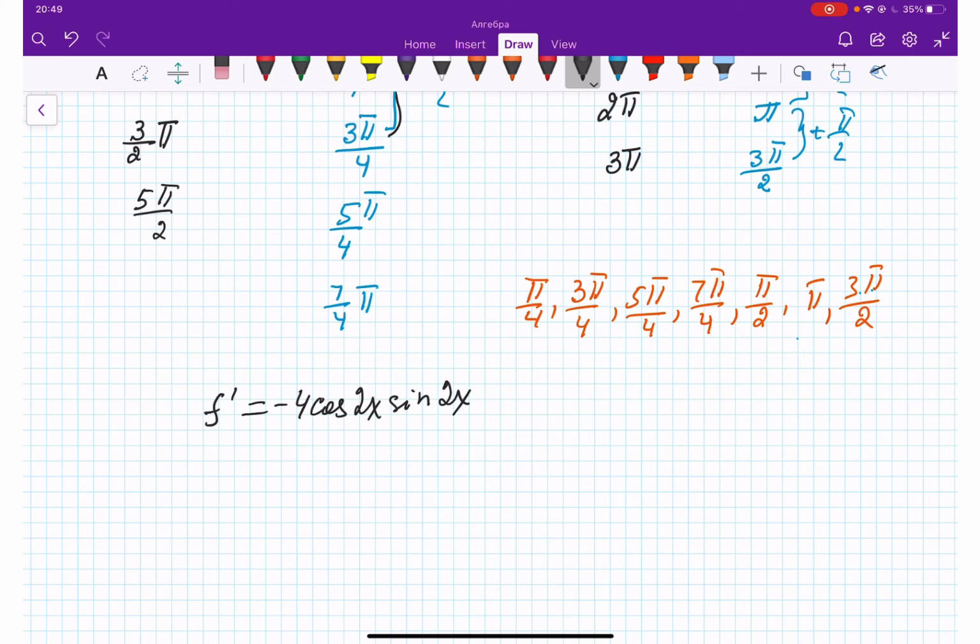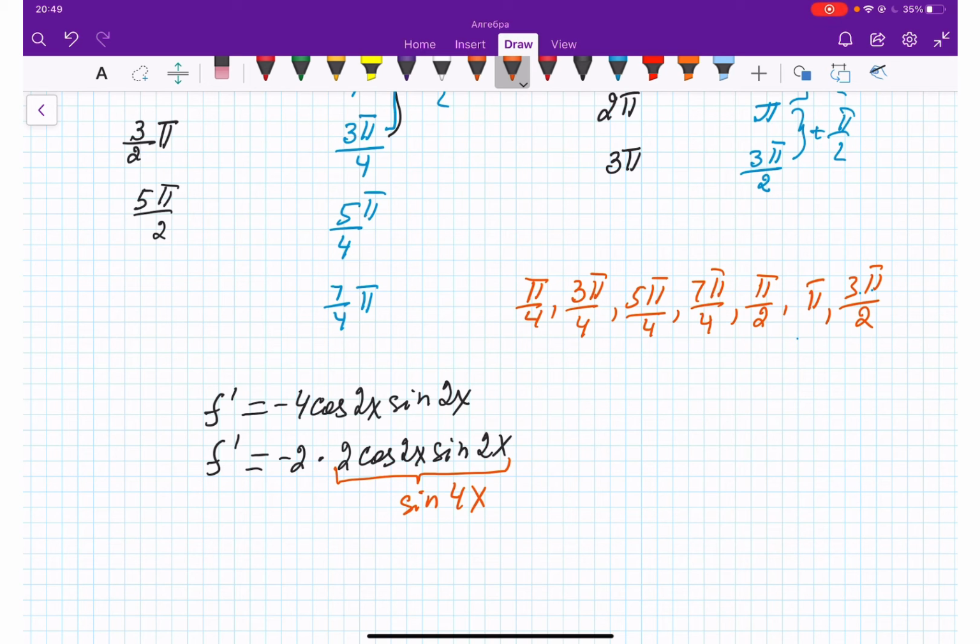Yes, I'm going to make some changes here. f prime is equal to negative 2 times 2 cosine 2x sine 2x. And remember this formula? This is going to be sine 4x, the double angle, right?